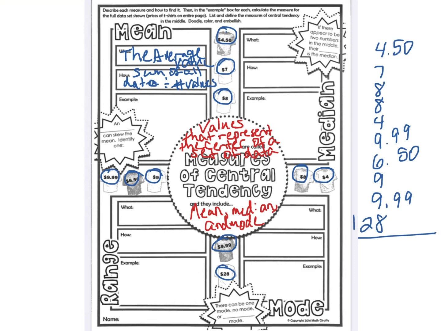You may use a calculator for this. You don't have to add these by hand. If you want to pause the video and add them up, we end up getting $94.98 when we add those values up.